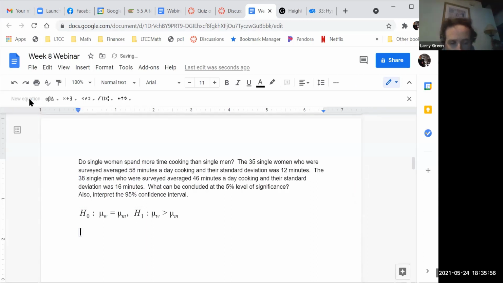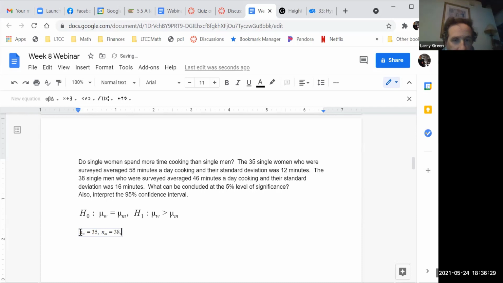So n sub w equals 35, and n sub m equals 38. Both are bigger than 30, and that was the important thing when you have quantitative data, you got to be bigger than 30. With the yes/no, it's np and nq bigger than 5.